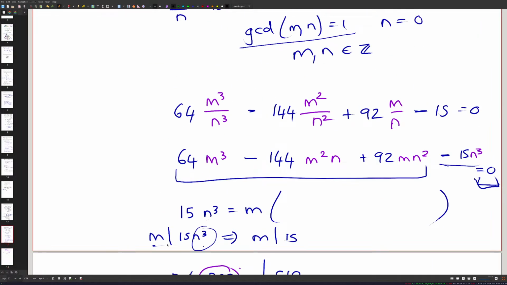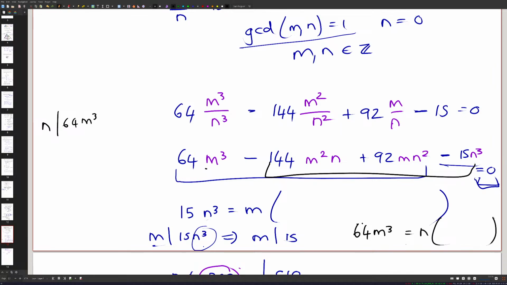We can do the same thing with 64m cubed. 64m cubed is equal to n times something because all of these things have got an n in them. And again, this means that n divides 64m cubed.